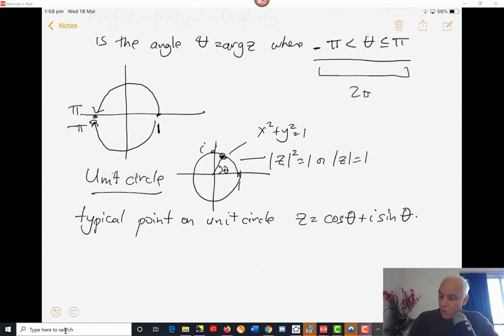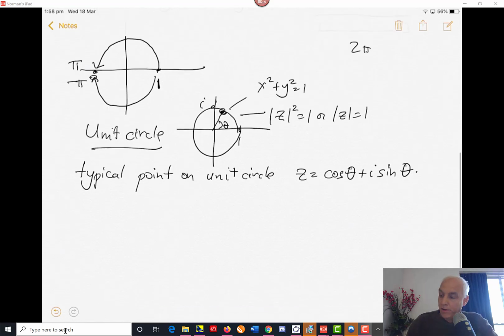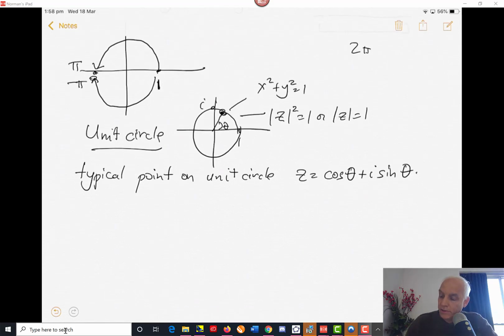Now, we saw last time that multiplication on the unit circle was quite pleasant, and there's a fundamental proposition here.